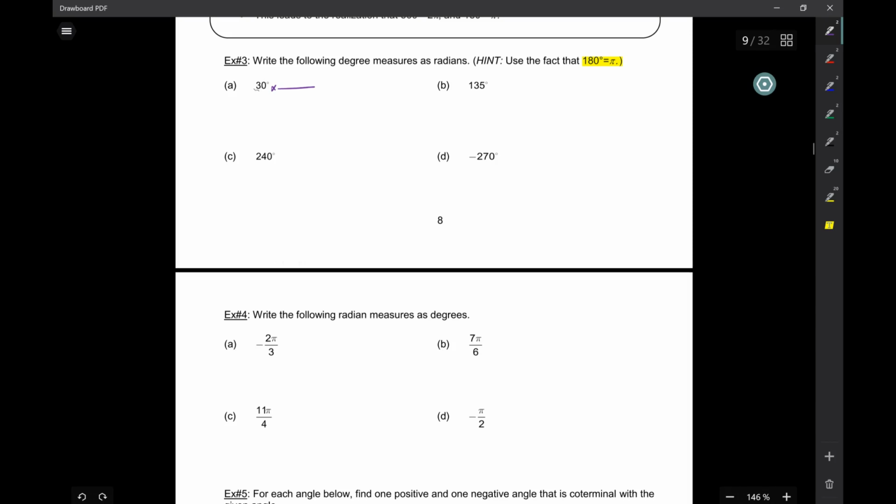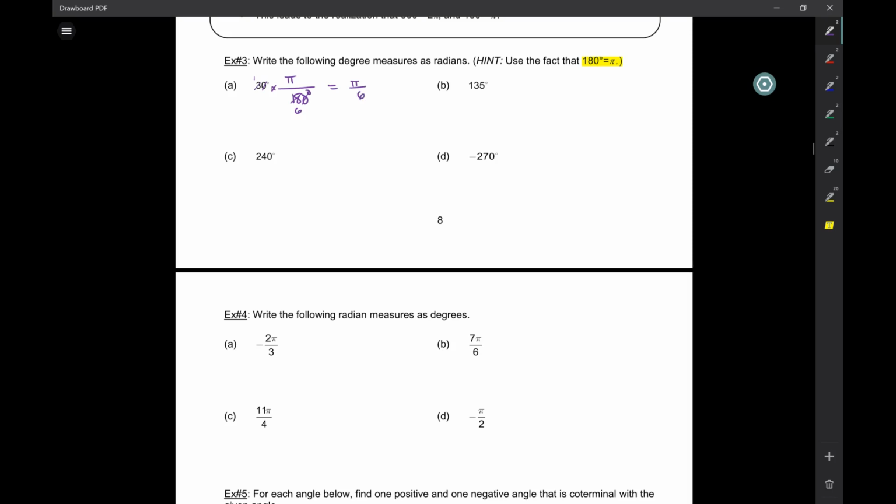Here in the 30, the degrees is on top, because technically this is 30 over 1. It must go on the bottom here. So I put 180 here. That means pi goes on top. And now all I have to do is simplify. The 3 will give me a 1, this will give me a 6. So I get pi over 6.